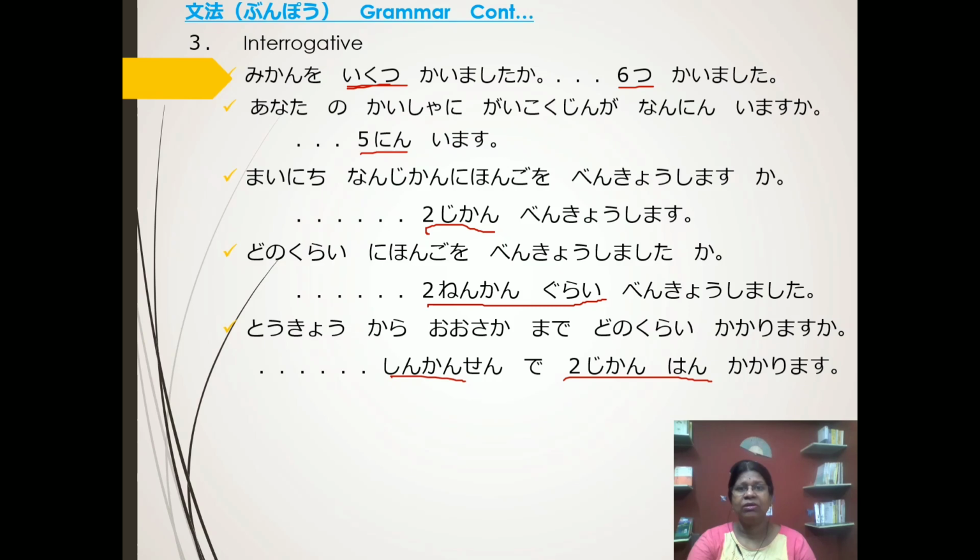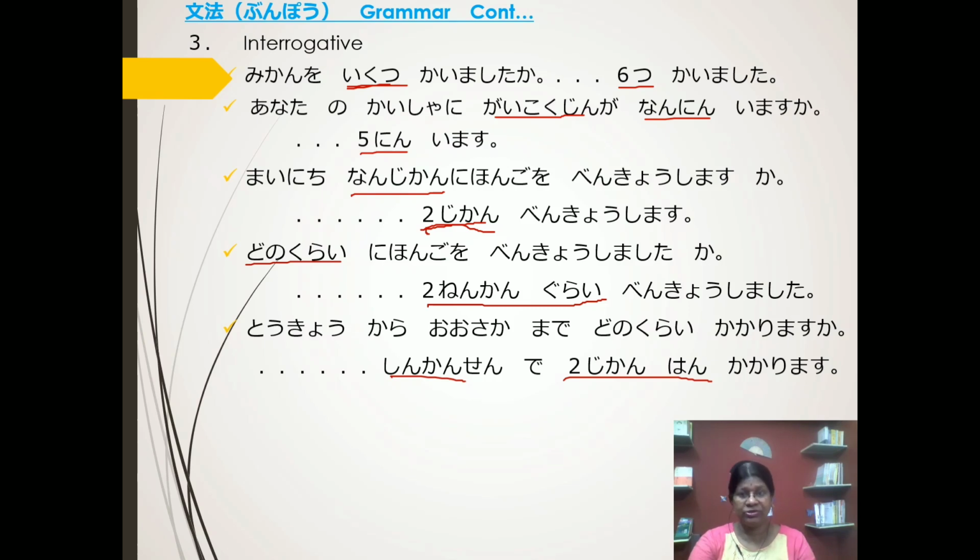Here nannin because gaikokujin, foreigner, is for a person. Here we take nanjikan. We already learned nanji. Here nanjikan refers to a period of time. Dono kurai, how long? どのくらい日本語を勉強しましたか?2年間ぐらい勉強しました。How long did you study the Japanese language?